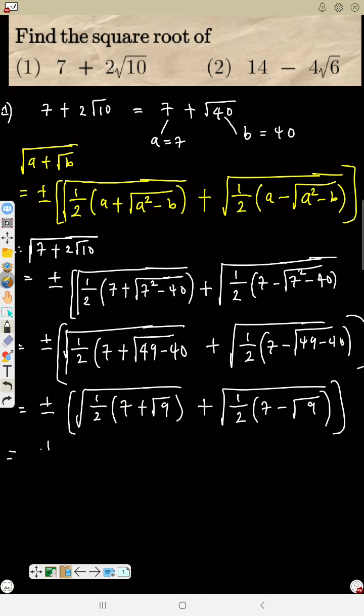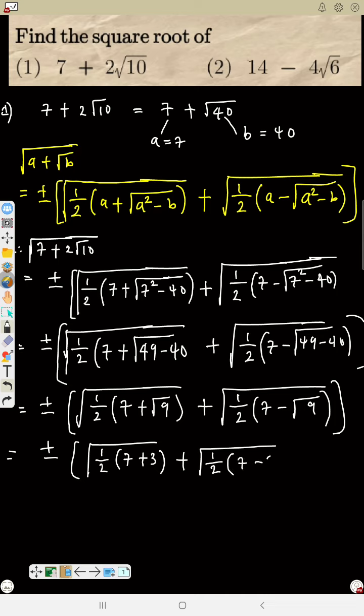So this is plus or minus square root of 1 over 2, 7 plus 3. Why? Because square root of 9 is 3, plus square root of half, 7 minus 3.